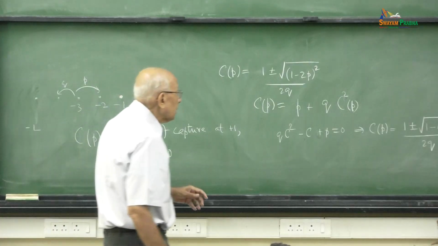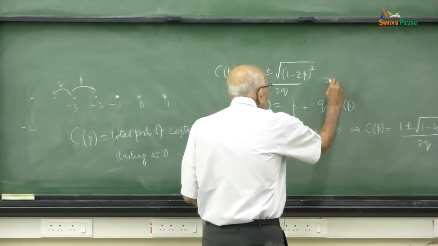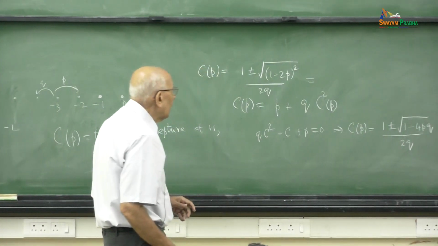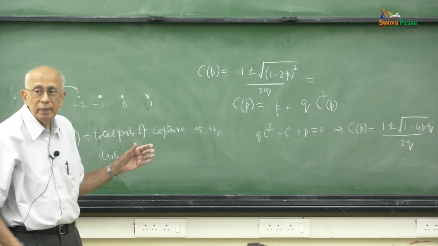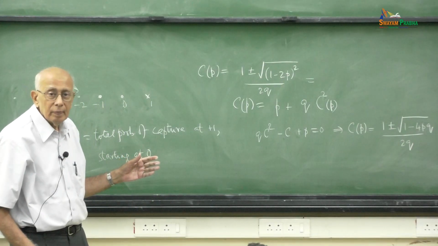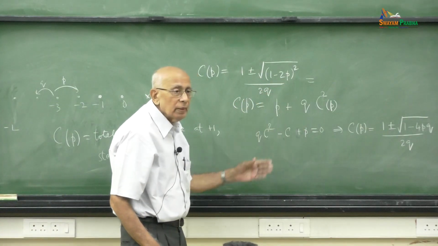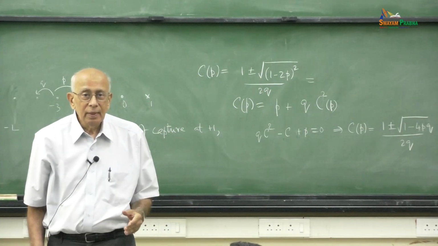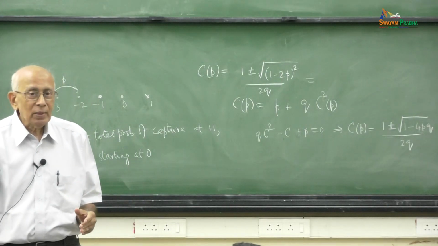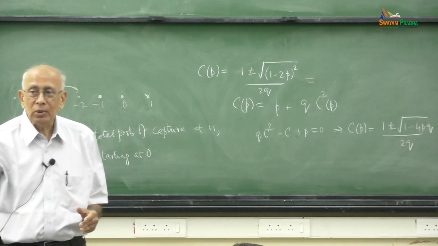What happens next? What should I write? I want the square root of 1 minus 2P, whole squared. What is the square root of 1 minus 2P the whole squared?